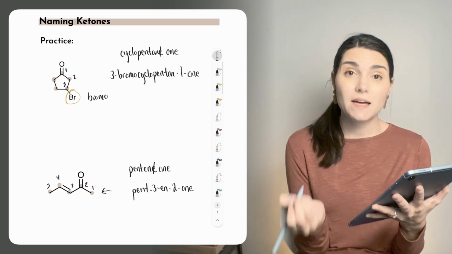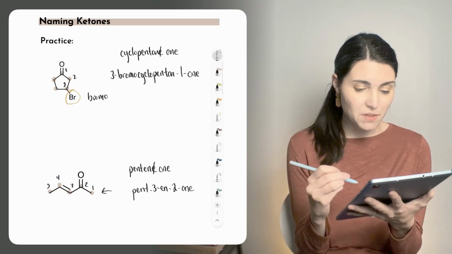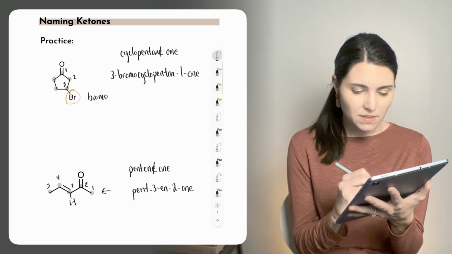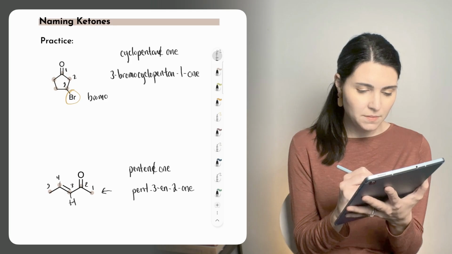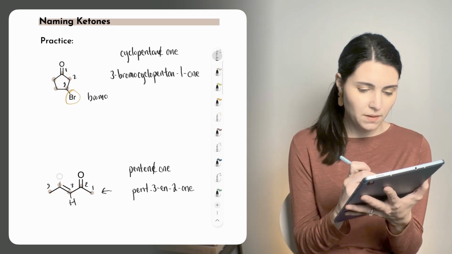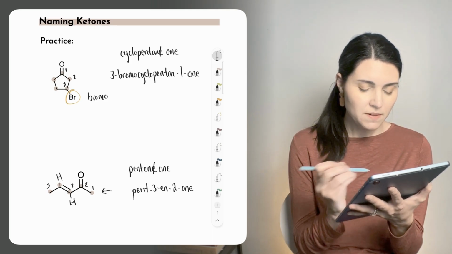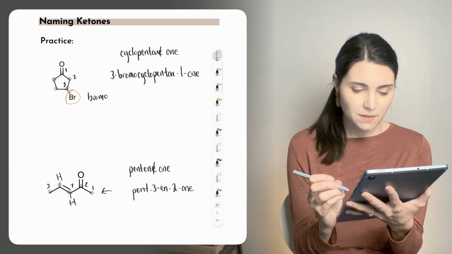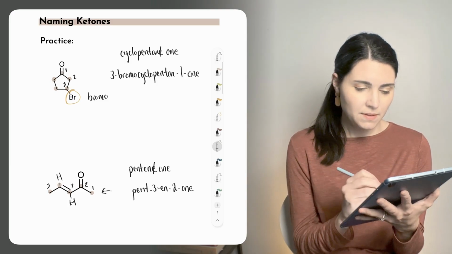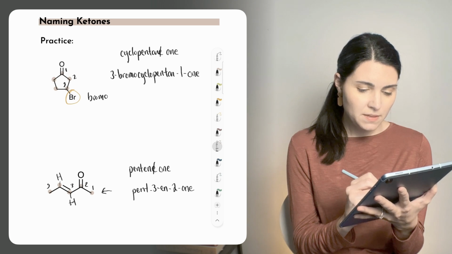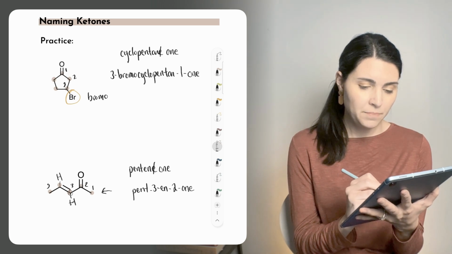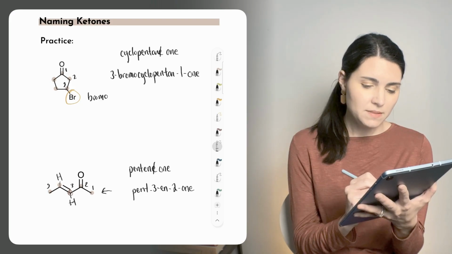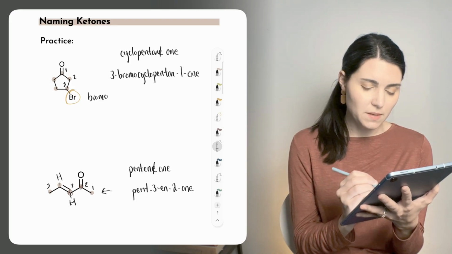And lastly, we can't forget the stereochemistry of the double bond. So let's remember that there's an implicit hydrogen here and an implicit hydrogen here. So let's mark out our priorities. On this carbon right here, we have a carbon versus a hydrogen. So carbon wins. This is the carbonyl carbon that I'm talking about.